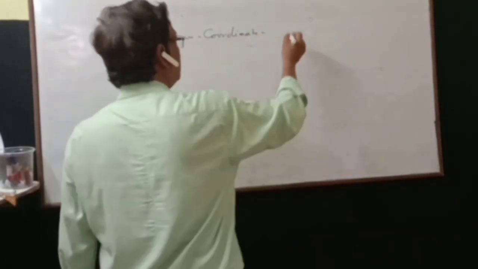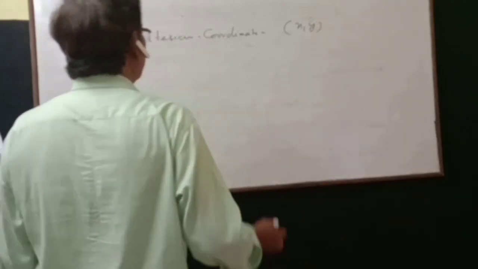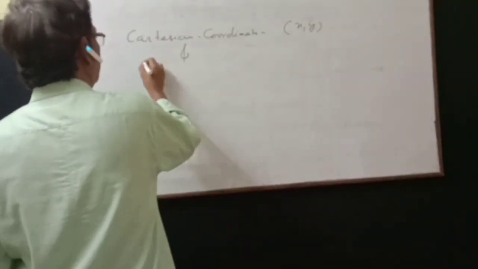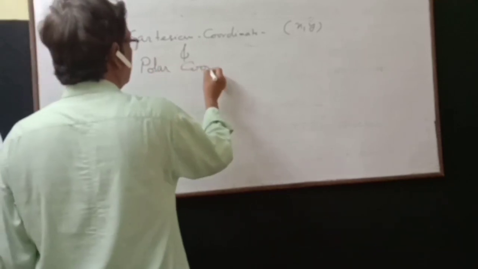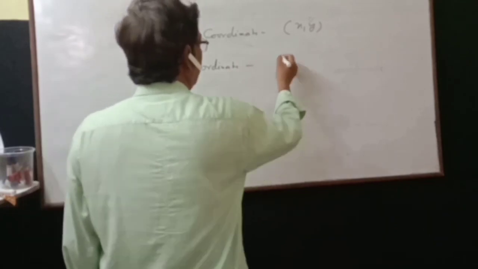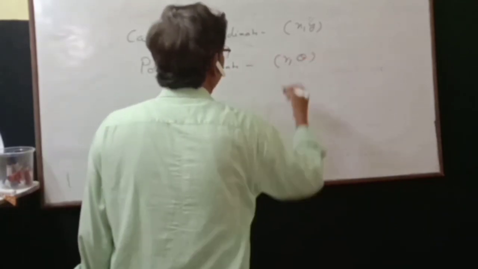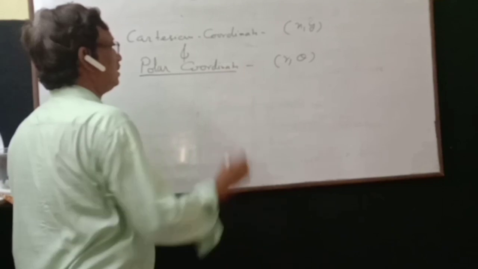Cartesian coordinates are represented by (x, y), and polar coordinates are represented by (r, theta). We have already discussed Cartesian coordinates, but polar coordinates are new.